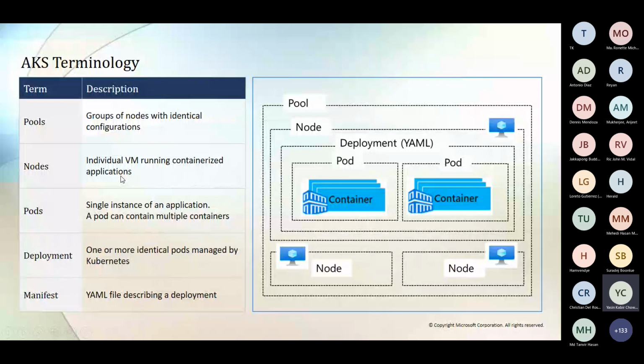When they are needed, they will take these containers from the node. Deployment: one or more identical pods managed by Kubernetes. Deployment is in YAML, a scripting language. By this YAML script, you can deploy multiple containers in the pod instance.